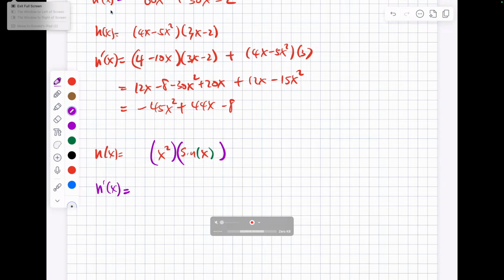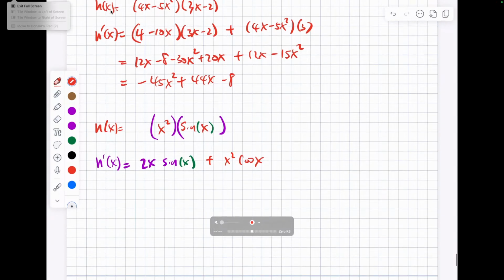The derivative of x squared is 2x, right? 2x times sine of x, plus x squared times cosine of x. You cannot touch inside. And that's it. Done. You cannot distribute. Don't think about distribution. That's the final answer here, because you can't distribute an x into the sine.